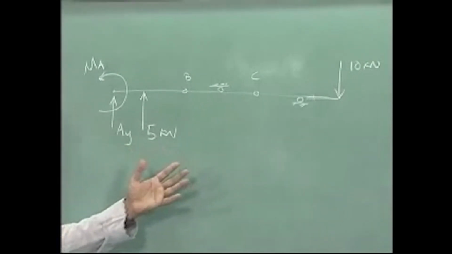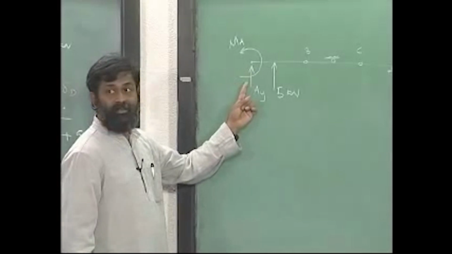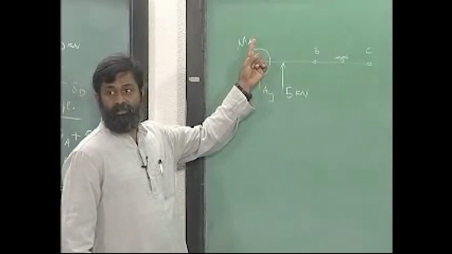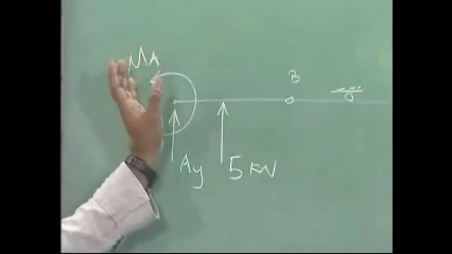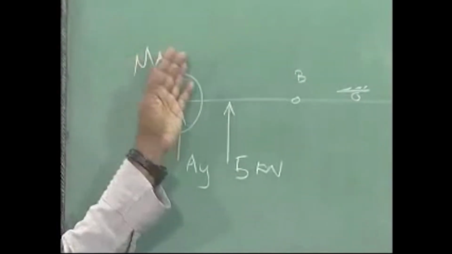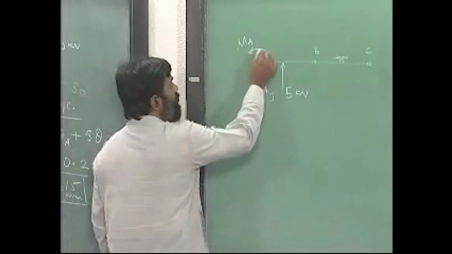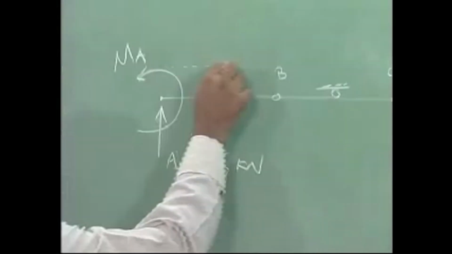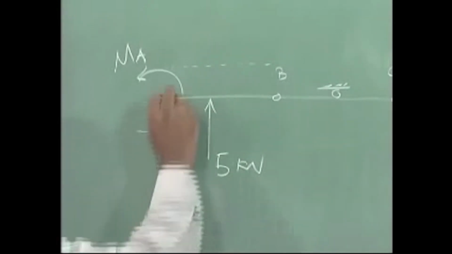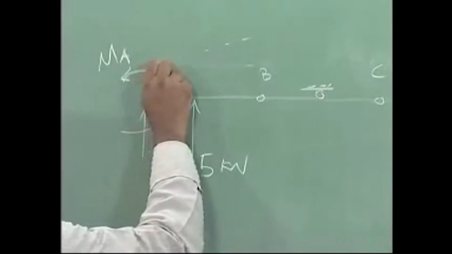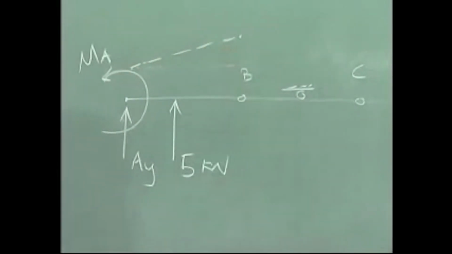What should I apply? I should apply a vertical displacement and a rotation. If I do that, then I will be able to find out. So what will happen? I can apply vertical displacement and a rotation, which means I will be applying like this, mind you.